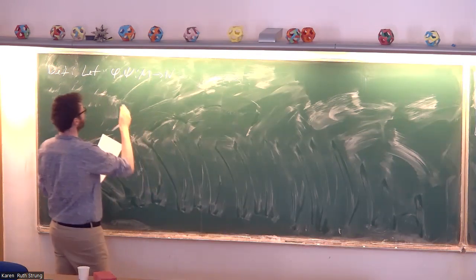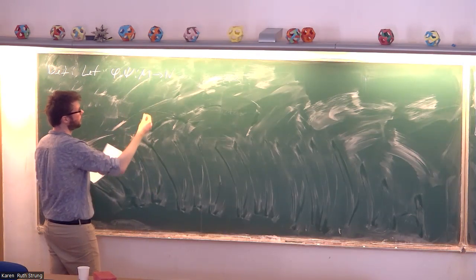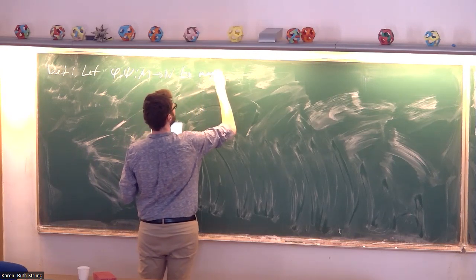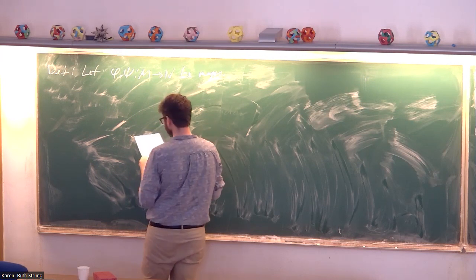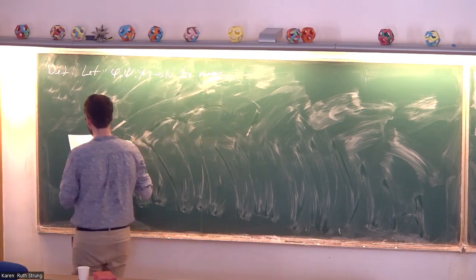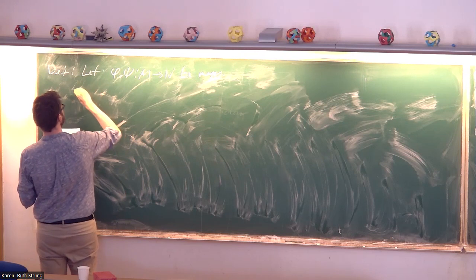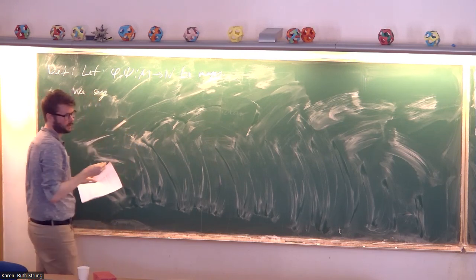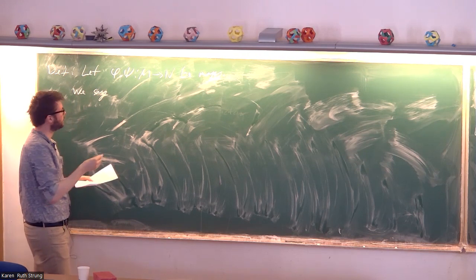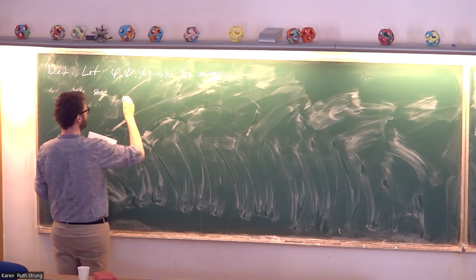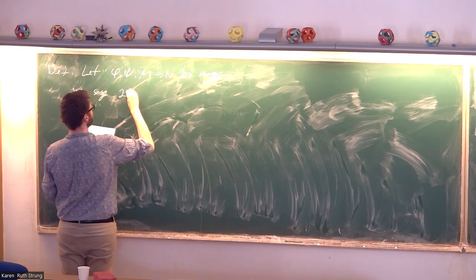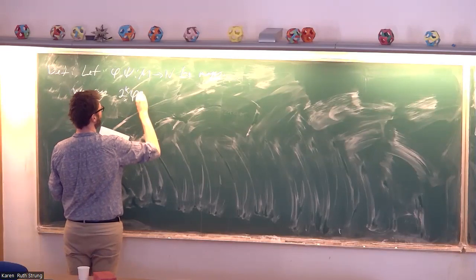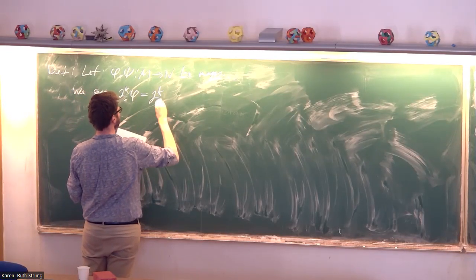So we have two maps, phi and psi, from manifolds M to N. We will say that they have the same k-jets at the point x, which is written like this: j^k_x phi is equal to j^k_x psi.